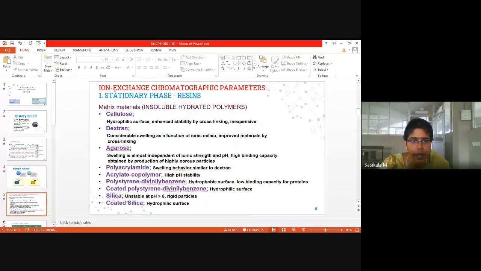Now let's move on to ion exchange chromatographic parameters. It is similar to other chromatographic techniques, with selection of stationary phase, mobile phase, and so on. It is a modified form of HPLC. In HPLC, only the analytical column and mobile phase are changed and the instrument is the same. The instrumental parts, solvent delivery system, pumping system, injection system, column, and detectors, are all similar to HPLC.